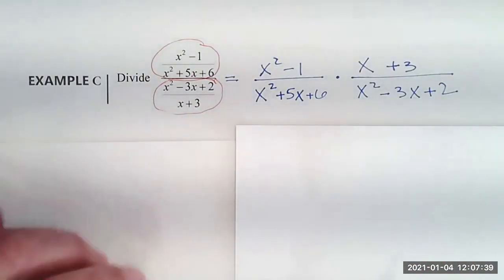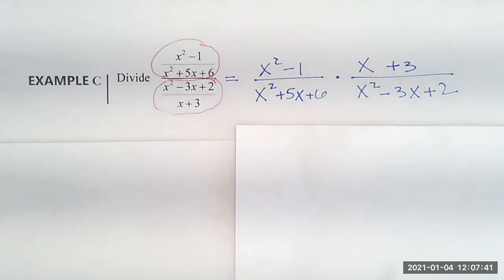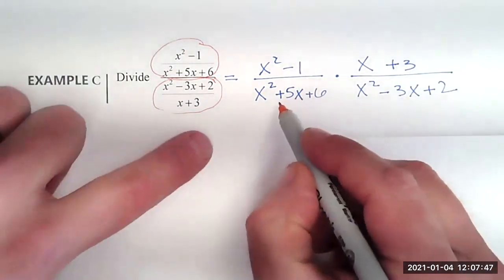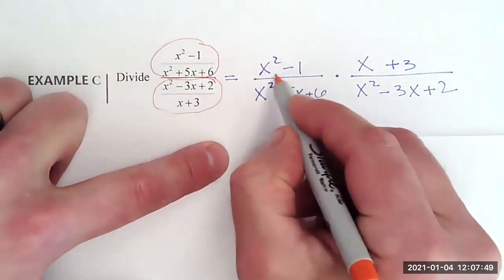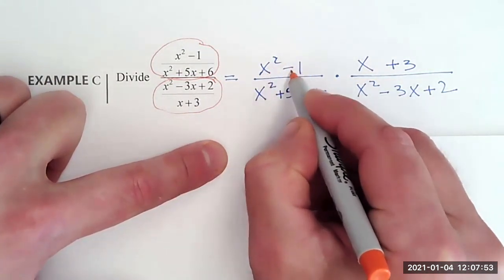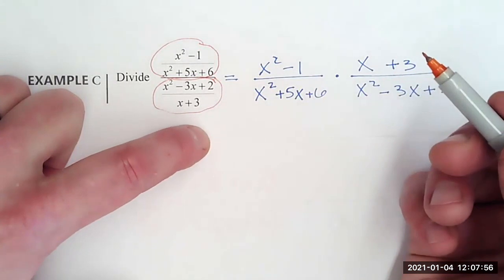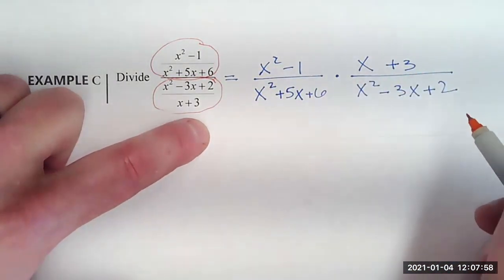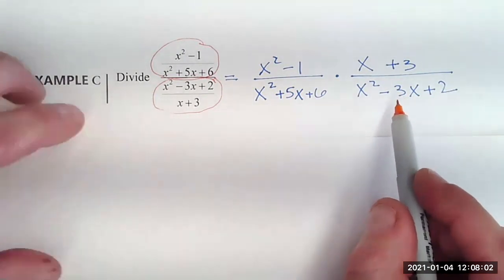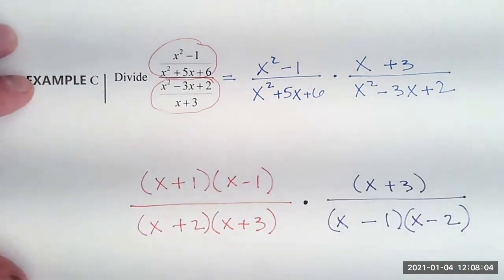You can turn it into a multiplication problem. Now, again, through experience, I see difference of two squares: square, square, difference, that can be factored. x plus 3 cannot be factored. Both of these trinomials can be factored, and you end up with these.